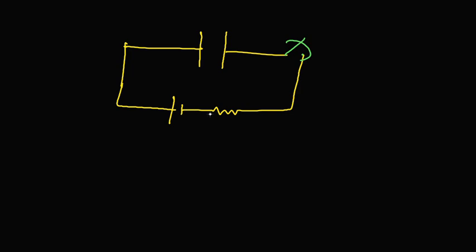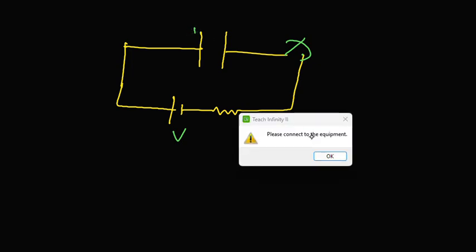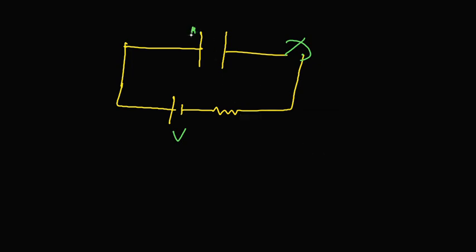then what scenario will we get? If this is a battery of V volt, then the positive charges will accumulate on this side with respect to time, and negative charges will accumulate on this side with respect to time.